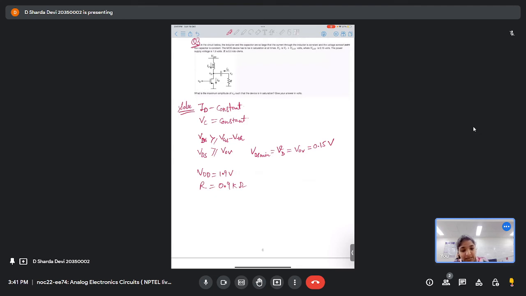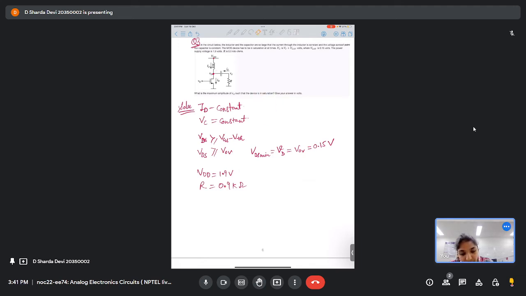But here, think of it as a voltage divider circuit, okay? So here it was VDD. Now that VDD gets distributed in this branch and this branch. Now since there will be two currents flowing through these two branches and these currents will be distributed.